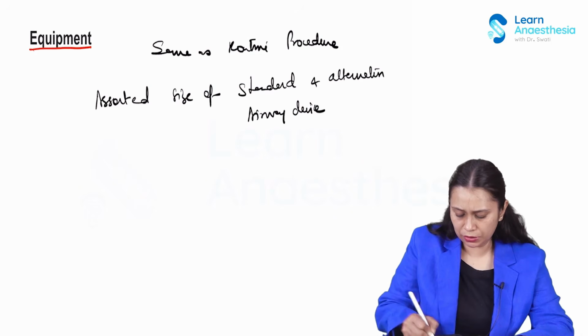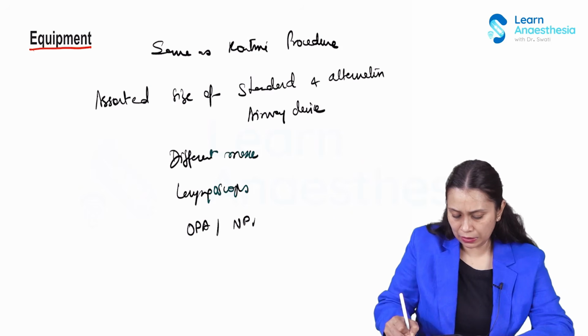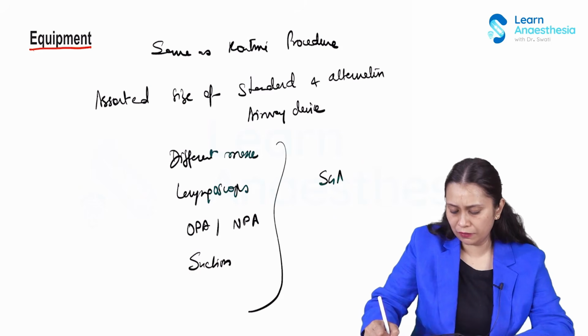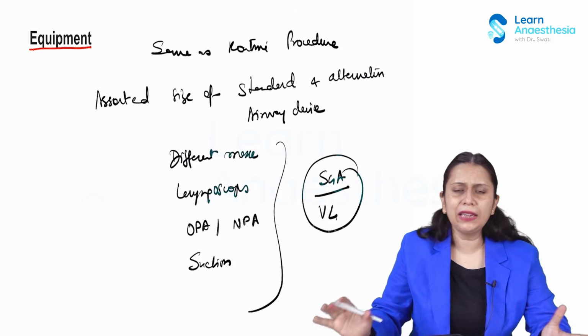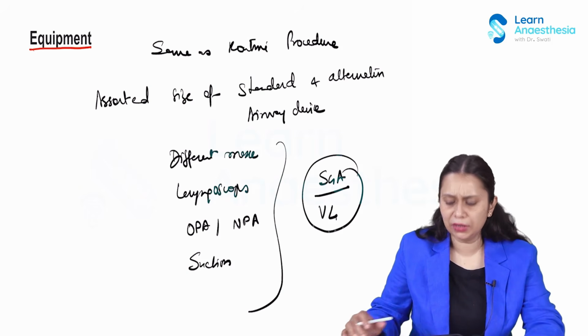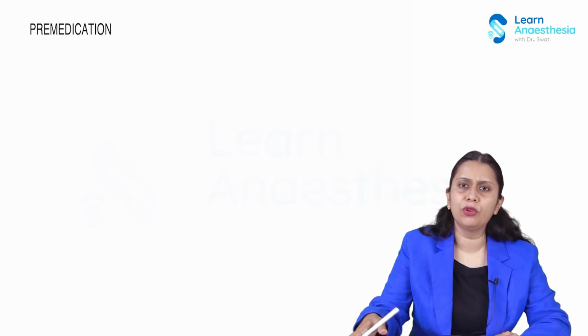So we need to keep different masks, different laryngoscopes of different sizes, then OPA and NPA. We need to keep the suction ready. Apart from this, we need to keep a supraglottic airway device ready, and a video laryngoscope. So like any other preparation, here also you keep everything ready. Okay, so what are the pre-medications that we need to give before RSI?